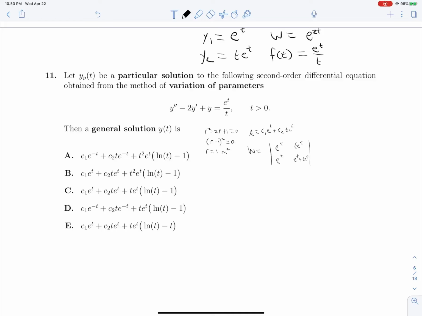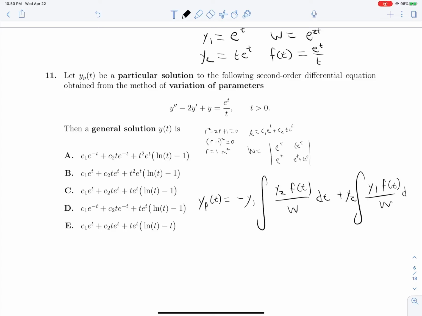We know that the variation of parameters method says that yp of t is equal to negative y1 times the integral of y2 times f of t over the Wronskian dt plus y2 times the integral of y1 times f of t over the Wronskian dt. So there's at least a little bit of a pattern to it.